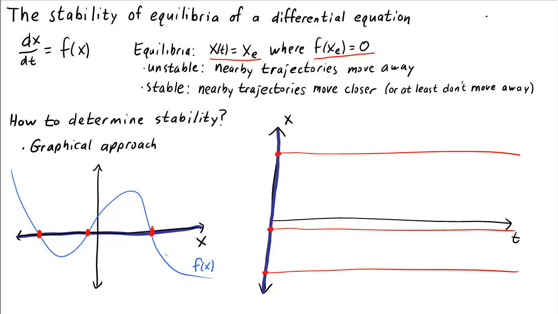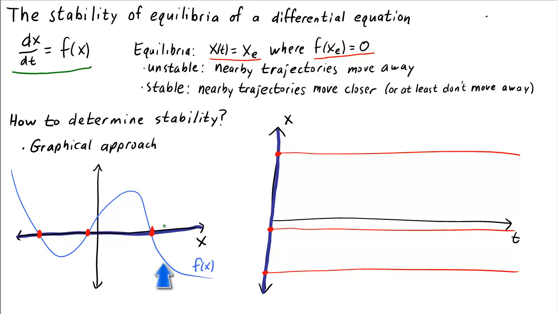The stability of an equilibrium captures what happens to solutions that start nearby the equilibrium. Let's look at this upper equilibrium first. If I start just above the equilibrium, the question is, do I move toward or away from the equilibrium? Well, looking at my differential equation, dx/dt equals f of x, I can see that to determine the velocity dx/dt, I just need to look up what f of x is.